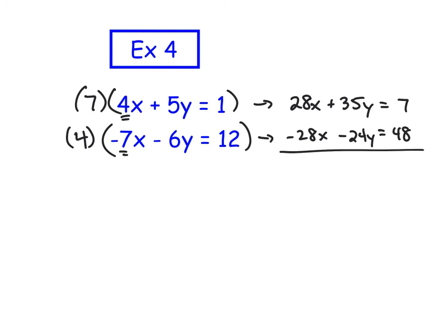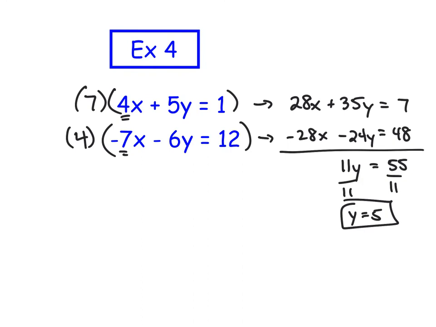So now that I did this, the x's will cancel out, so that's kind of nice. And then the y's, when we add those two together, we have 35 plus negative 24 is 11y. And then 7 plus 48 is 55. So now I'm going to divide by 11. I get y equals 5. That worked out kind of nicely.